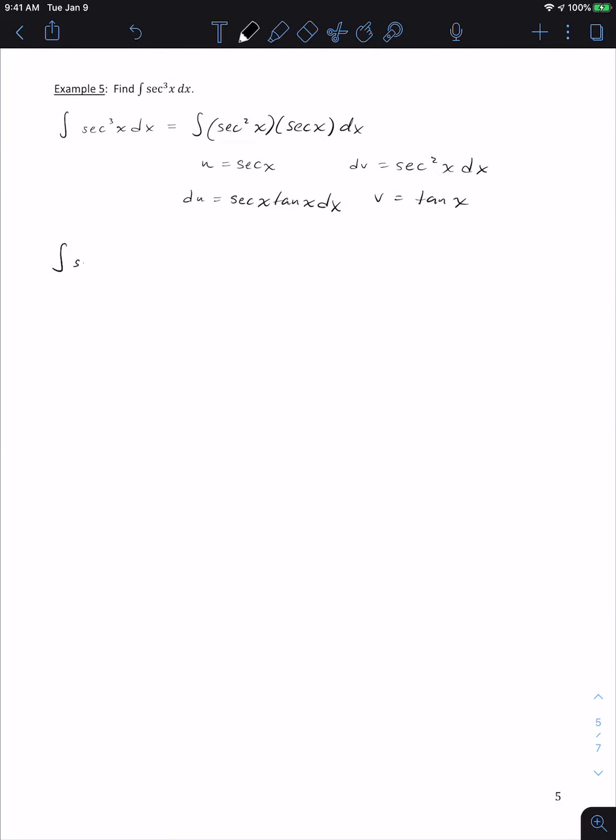So the integral of secant cubed x dx is equal to uv, so secant x tangent x, minus the integral of v du, so tangent x times secant x tangent x dx. So here I get secant x tangent x minus the integral of tangent squared x secant x dx.